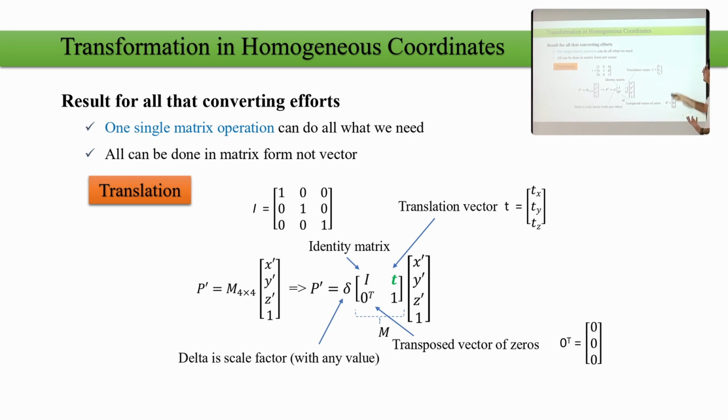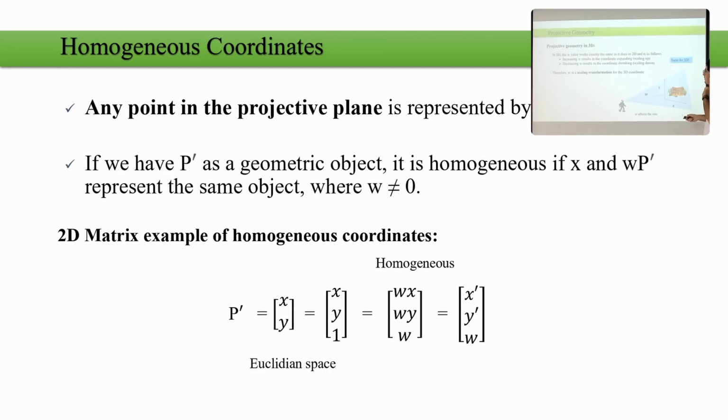To make it simpler, we came and introduced homogeneous coordinates. And in homogeneous coordinates, we saw how we can convert it. We saw how Euclidean distance can come to the homogeneous coordinate system.